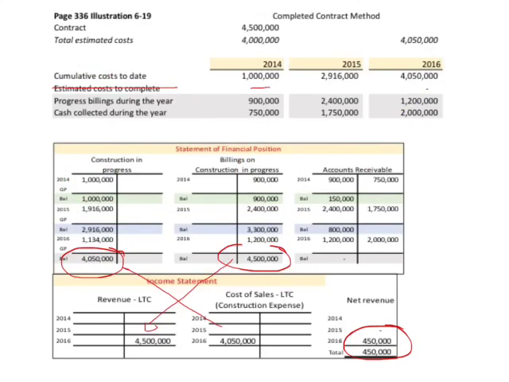I just want you to see that in the second year, the balances here, oops, hang on. Technology, ain't it grand? The balances at the end of the second year, the billings exceeded the costs that have been incurred to date.